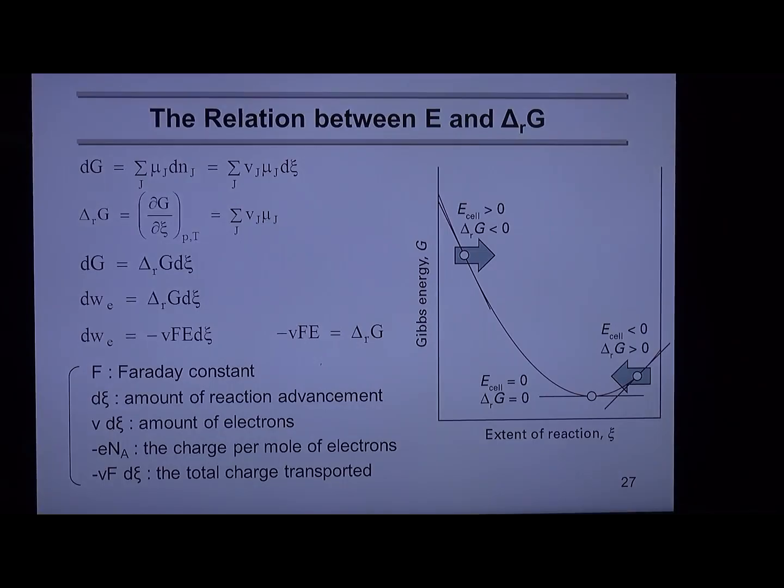Here nu is the number of electrons of the specific chemical reaction, especially for an electrochemical cell, and F is the Faraday constant.